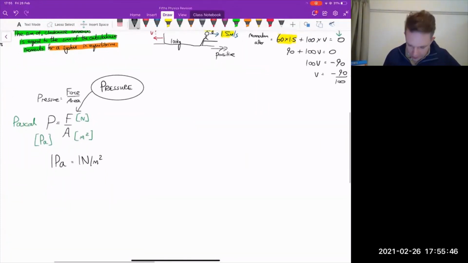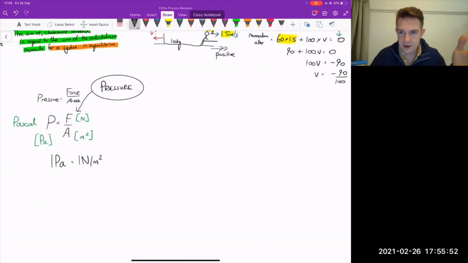Now, although pressure equals force over area is useful and is the definition of pressure, when we've got liquids and gases, there are other equations which allow us to do calculations with pressure.